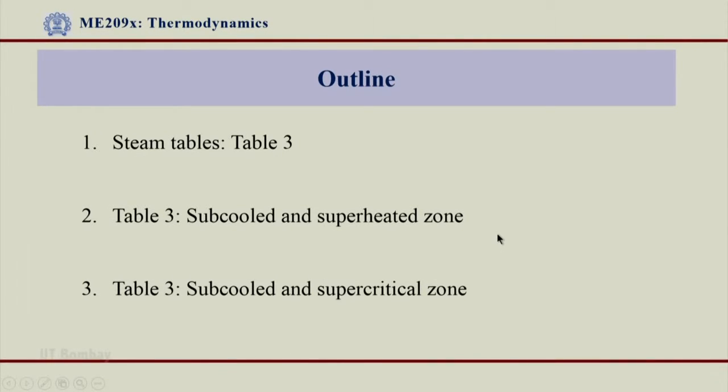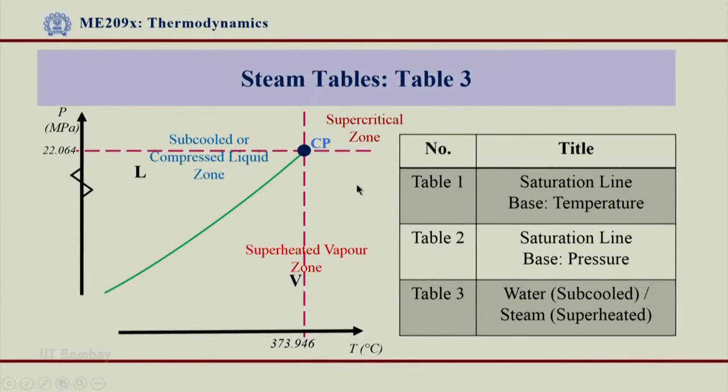Alright. So, let us again go back to our PT diagram and understand how the different properties in table 3 are given. Just to sum up, this is our PT diagram, and anything that lies on this LV saturation line is dealt with by table 1 and table 2. From those tables, one can get the properties of all the states that lie on the saturation line.